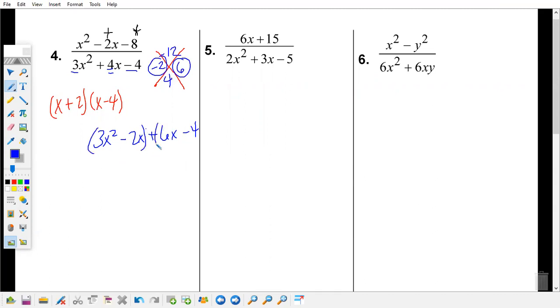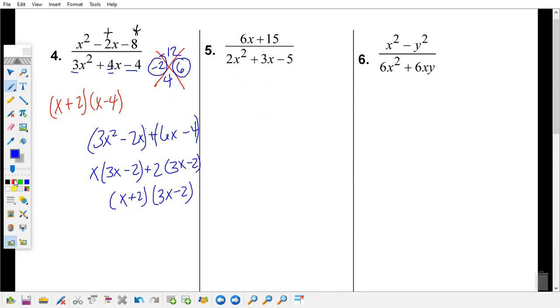You're going to group and factor out common factors. So we have x times 3x minus 2, and factor out the common factor, which is 2, 3x minus 2. Some people don't like the box. And that means my factors are x plus 2 and 3x minus 2.